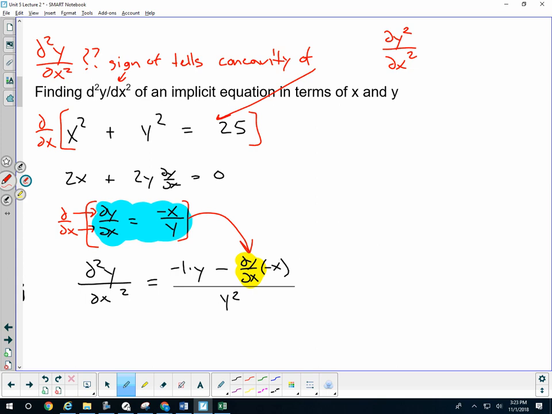Okay? This is an important step. Replace dy/dx with what it's equal to, or substitute for dy/dx.